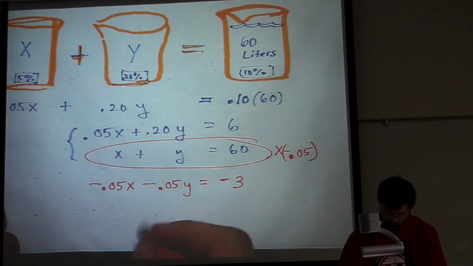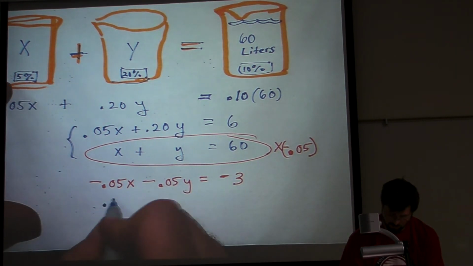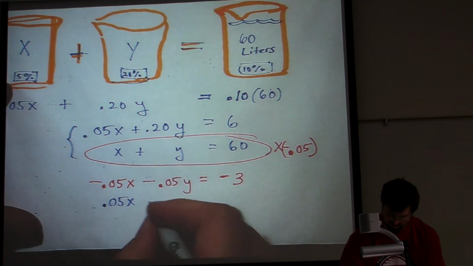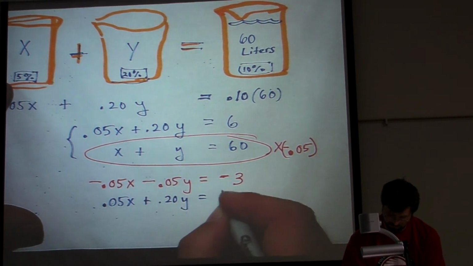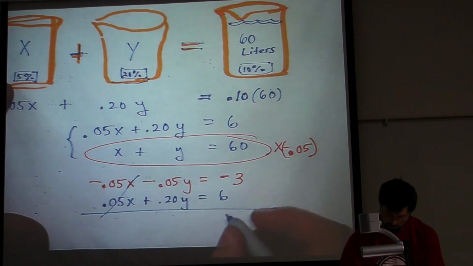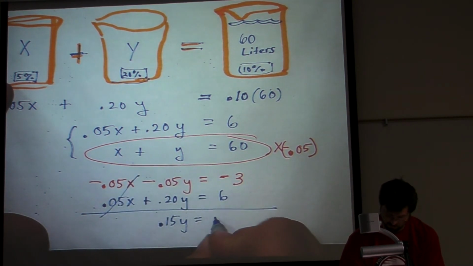I'm going to add that equation to the other one, and that's going to eliminate the variable x, leaving me with 0.15y equals 3.